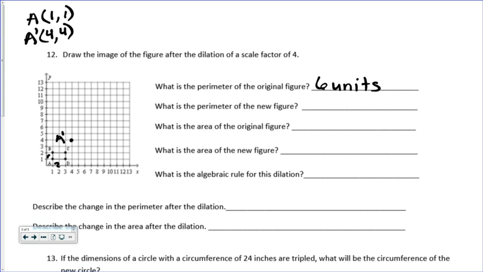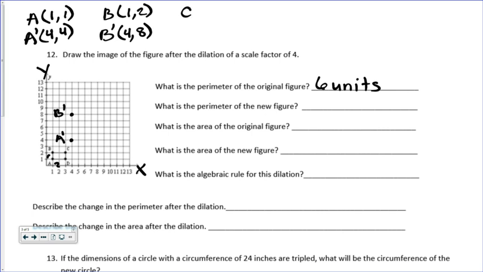Okay, the ordered pair for B is 1, 2. Remember, you're walking to your elevator before you're going up or down. You have to do your X value, then your Y value. So multiply our scale factor of 4. 1 times 4 is 4. 2 times 4 is 8. So we're going to plot B prime at 4, 8.